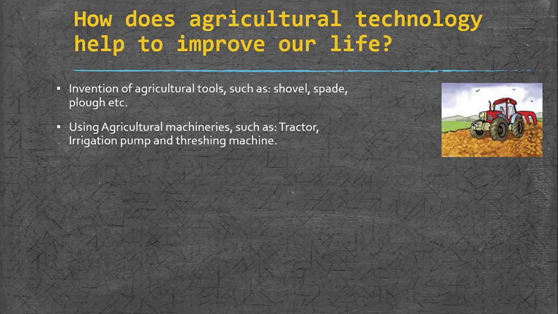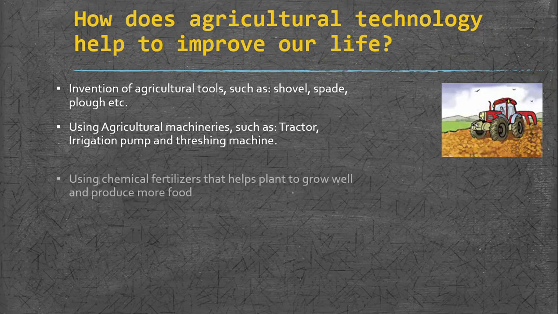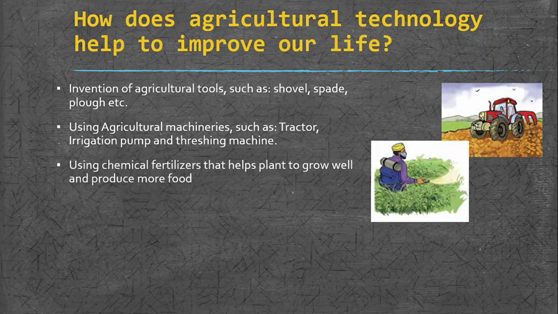By using agricultural machineries like the tractor, irrigation pump and threshing machine, farmers can produce more crops in a very short time. Not only this, there are different kinds of chemical fertilizers and pesticides. They help people to produce more food and resist harmful pests and weeds.